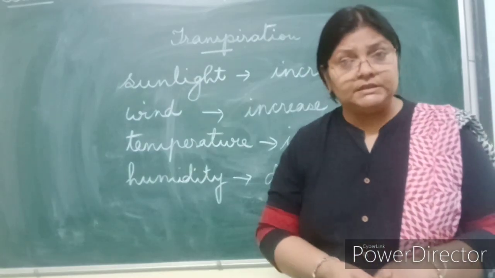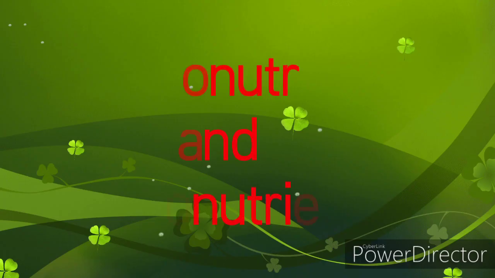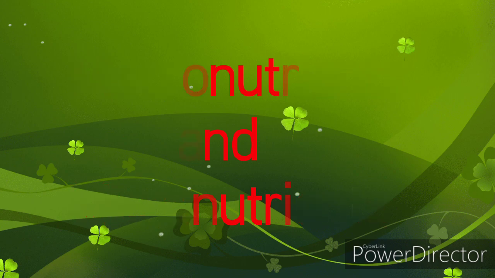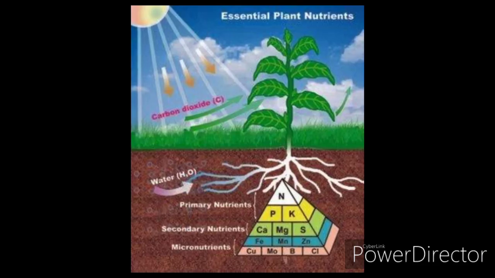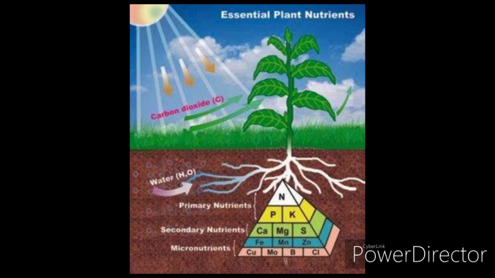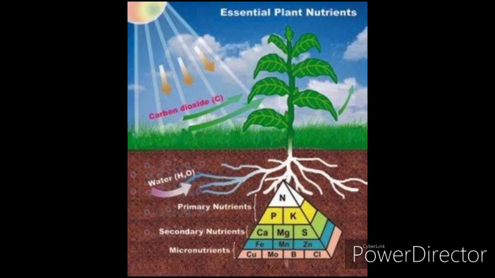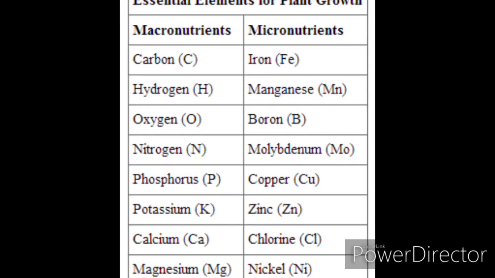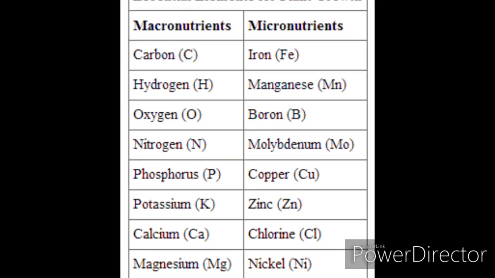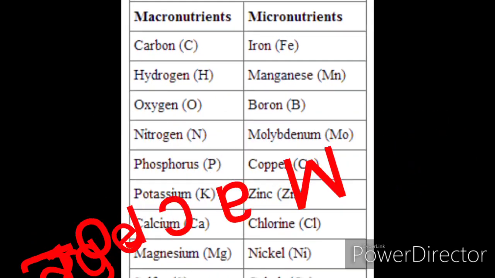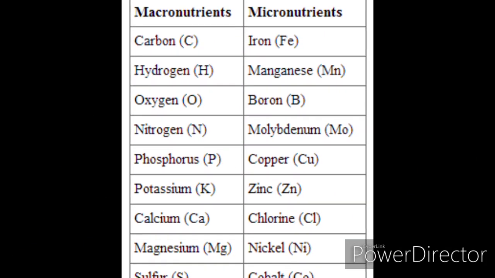transpiration decreases. We've already discussed the importance of minerals for the plant. We can categorize them in two ways, that is macronutrients and micronutrients. The macronutrients are minerals which are required in large amounts, okay, like carbon, hydrogen, oxygen, nitrogen, sulfur, phosphorus.